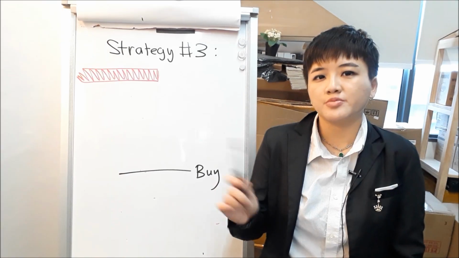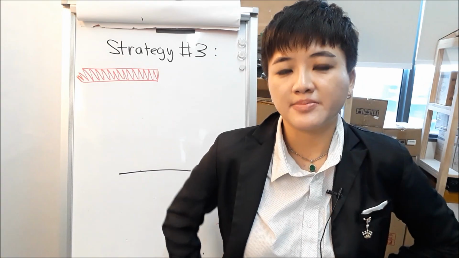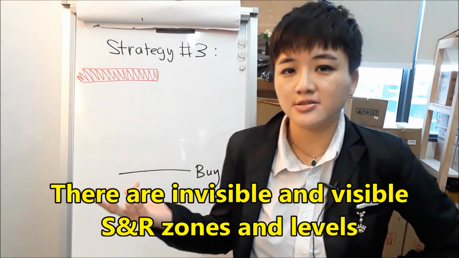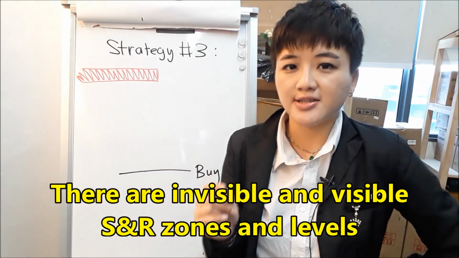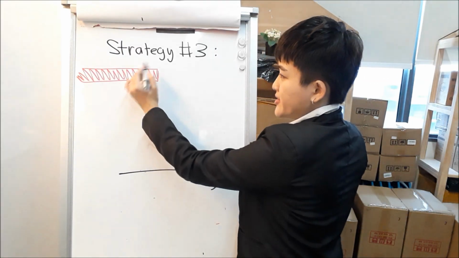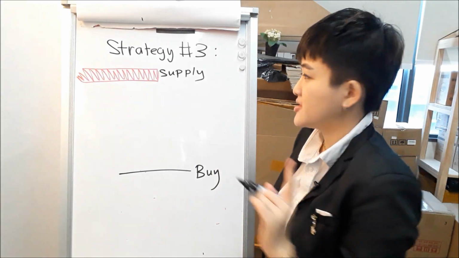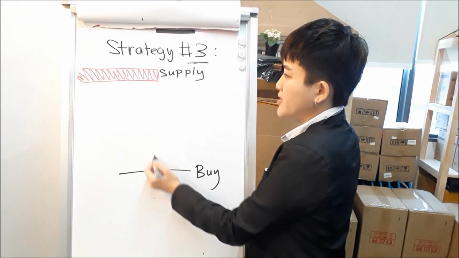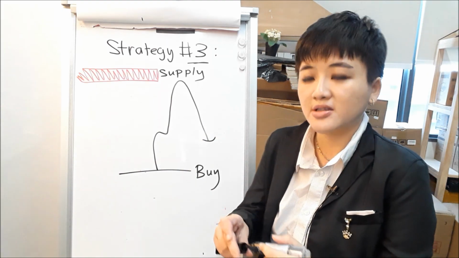Understand what I'm saying? If you have watched my previous video where I talk about support and resistance, supply and demand zones, you need to know that there are invisible support and resistance levels. There are also obvious ones. The ones that catch most retail traders are the invisible ones. So if you have a supply zone over here, you cannot set your TP target above the supply zone, because the price will go up, hit the supply zone and then come back down, and you did not hit your TP target.